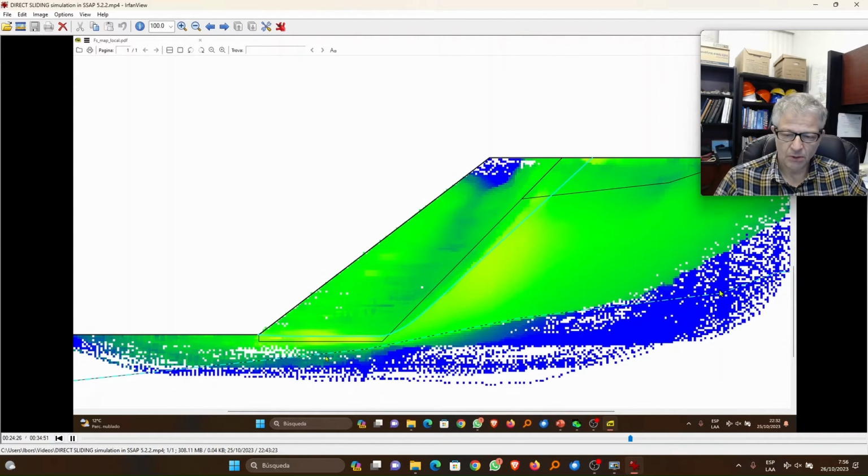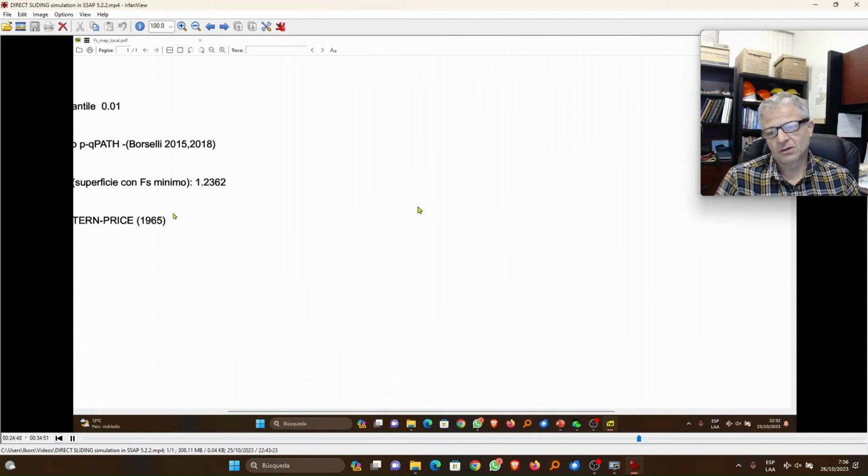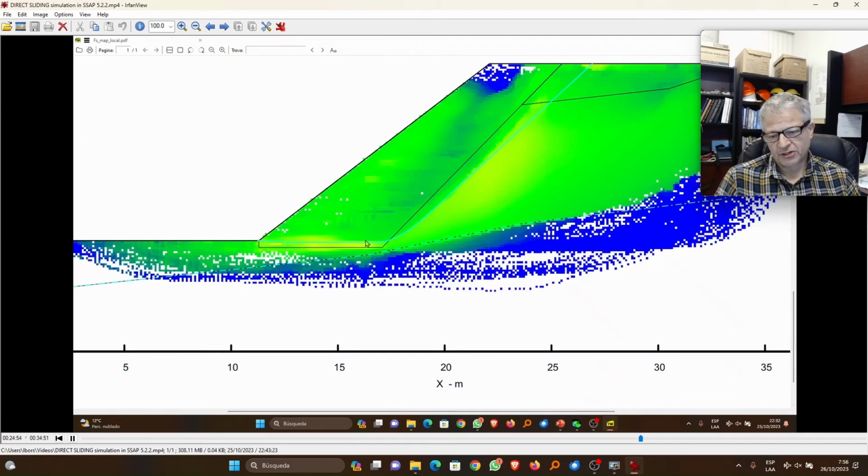This is the map of the generalized safety factor of the wall slope with the reinforcement. Of course, we can see that the internal distribution of the safety factor is not homogeneous, but we have the same planar pattern, due to the effects of the interface. But the global is 1.23.